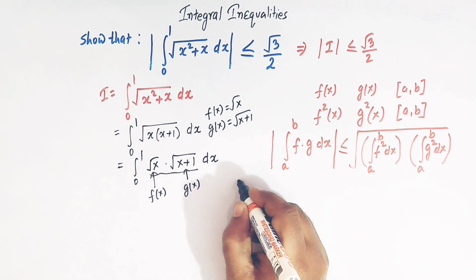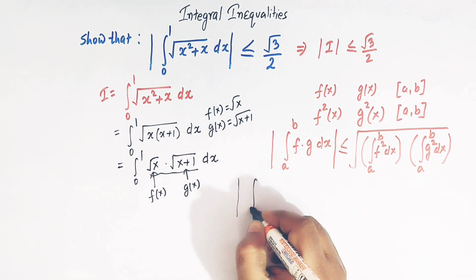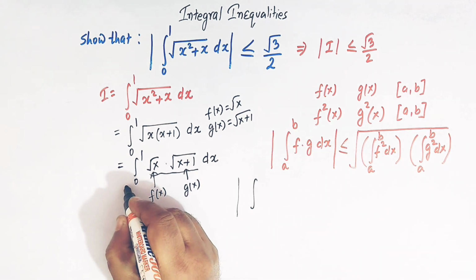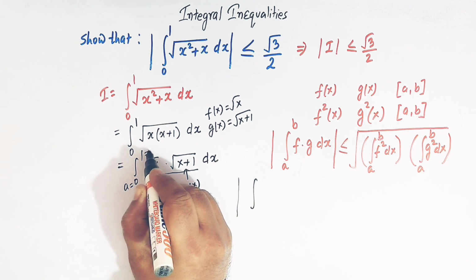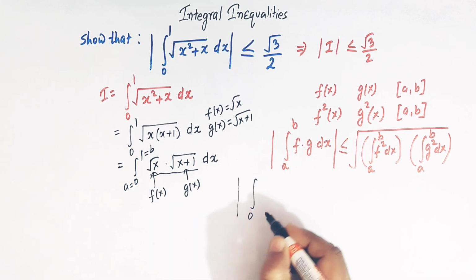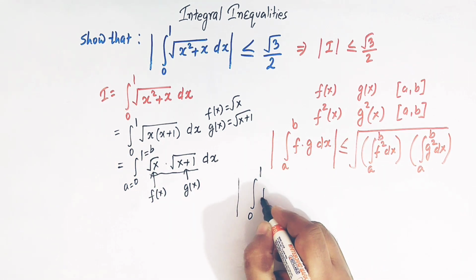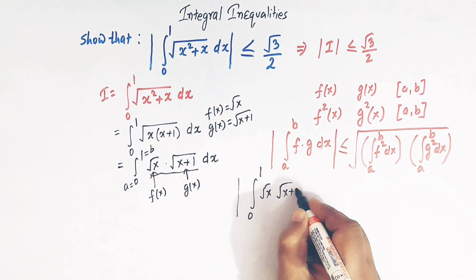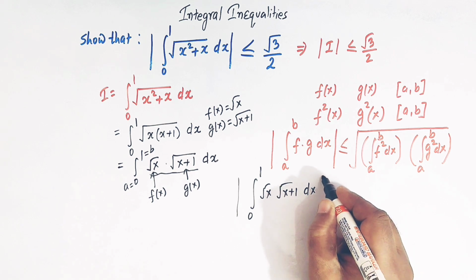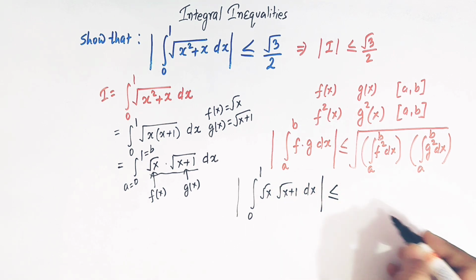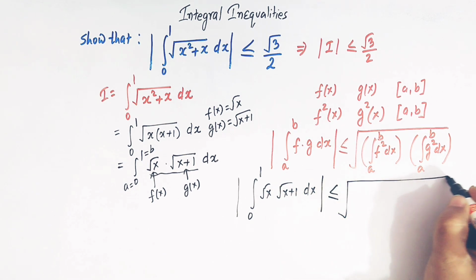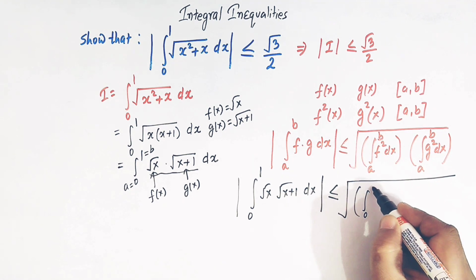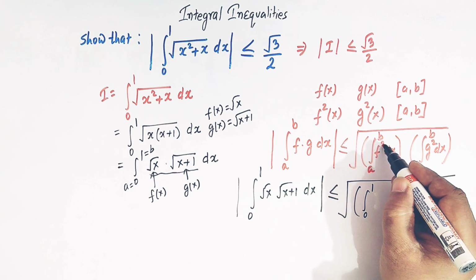So now we can write the absolute value of the integral from a to b, where a is 0 and b is 1. So we have 0 to 1, f is square root of x, g is square root of x plus 1, and here we have dx. So this is less than or equal to the square root of the first integral from 0 to 1, and here we have f square.